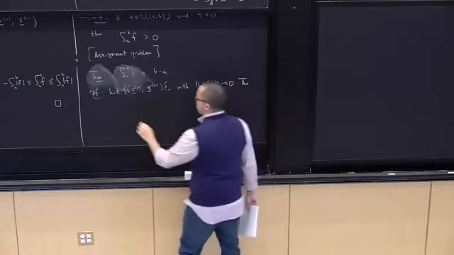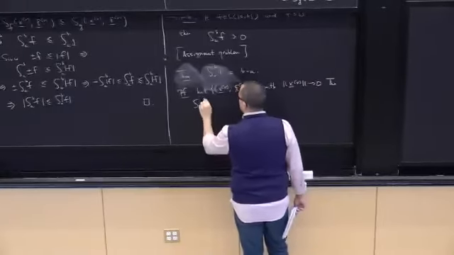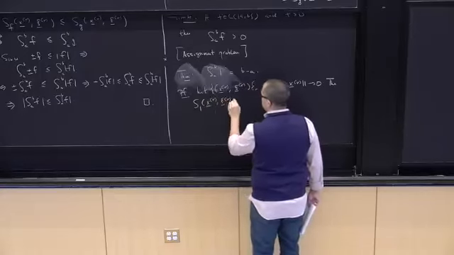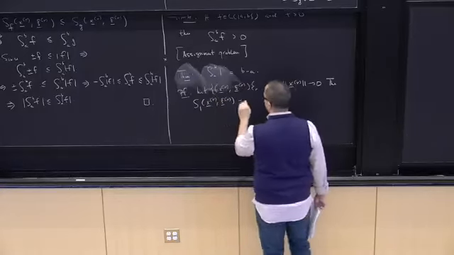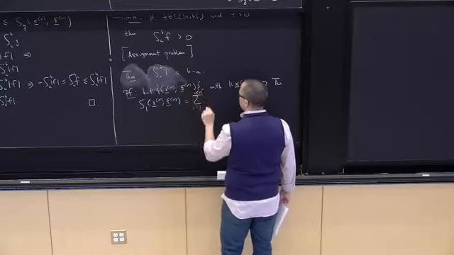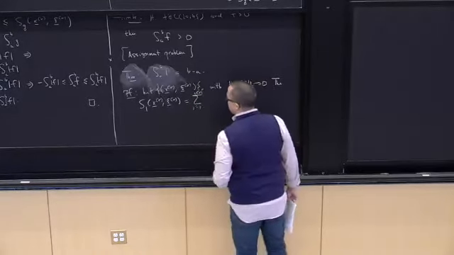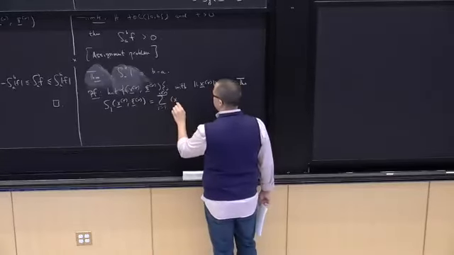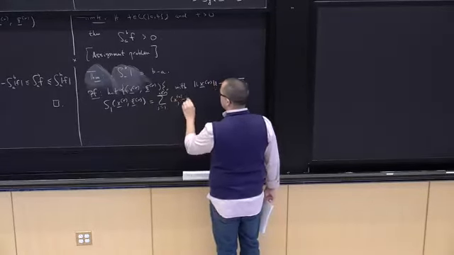Then the associated Riemann sums are equal to the sum from j equals 1 to n of 1, no matter what x_j* is, times the length of the subinterval.